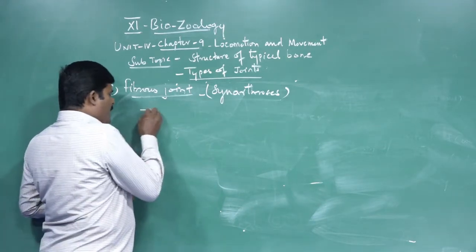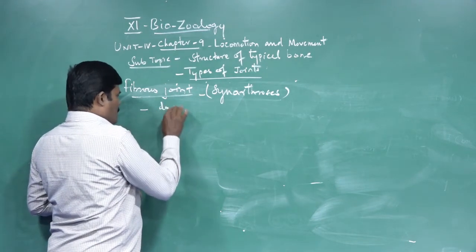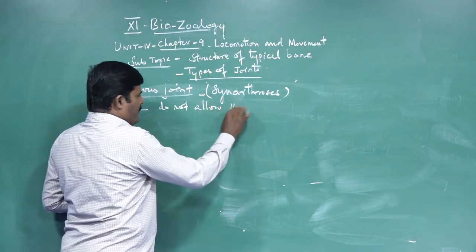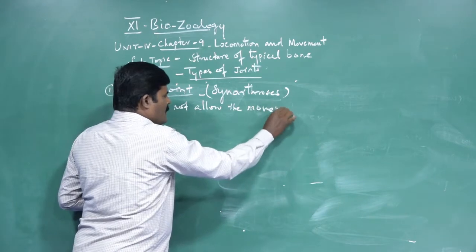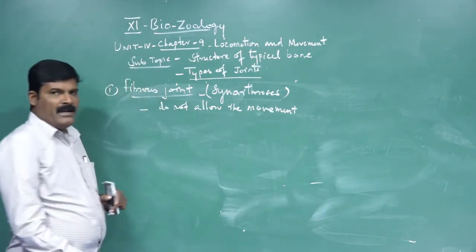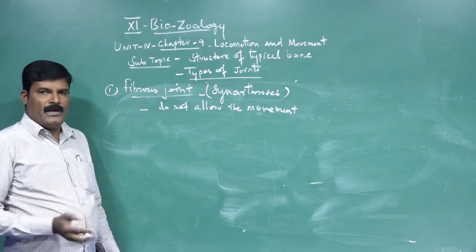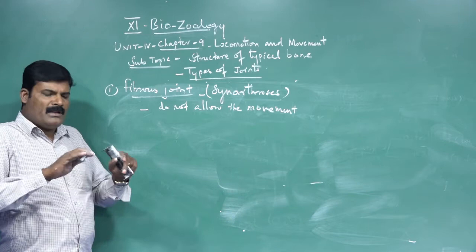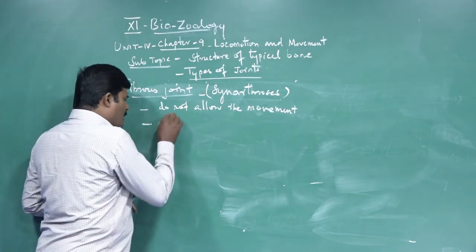This kind of joint does not allow movement. This is the main thing, note it. It does not allow movement because one bone is connected with the other bone firmly. It is formed of flat surfaces, and it is present in the bones of the skull.